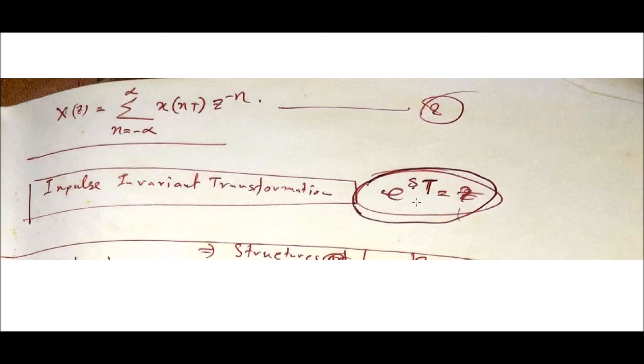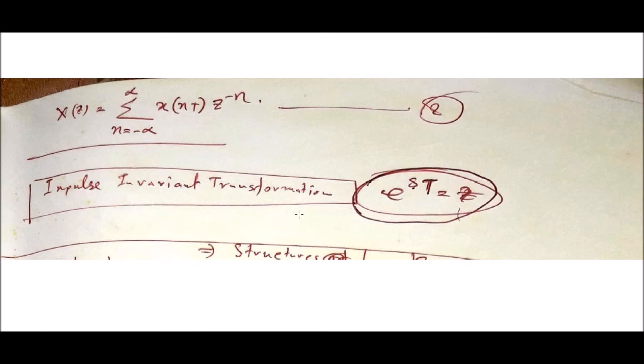That means z is equal to e to the power sT. In the Laplace transformation, if you put e to the power sT equal to z, then you will get the Z transformation. Or in the Z transformation, if you put in place of z e to the power sT, you will obtain the Laplace transformation. It is a relationship between them, and it is also called the impulse invariant transformation.